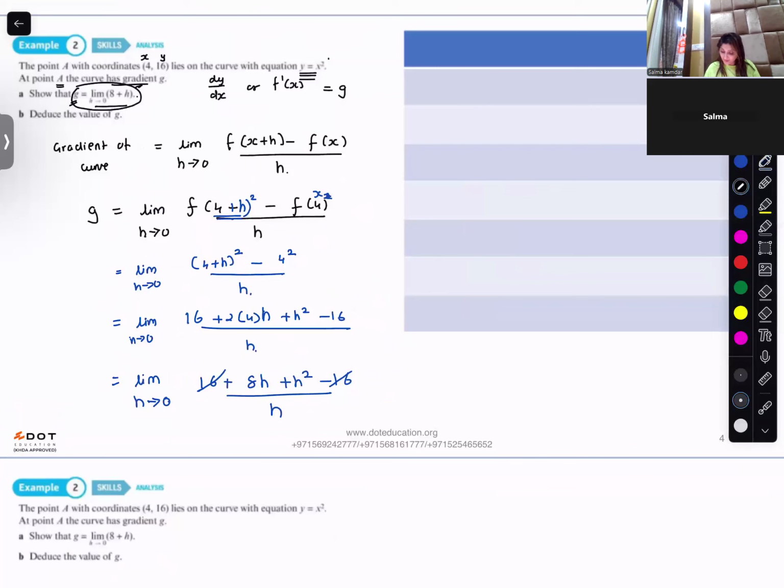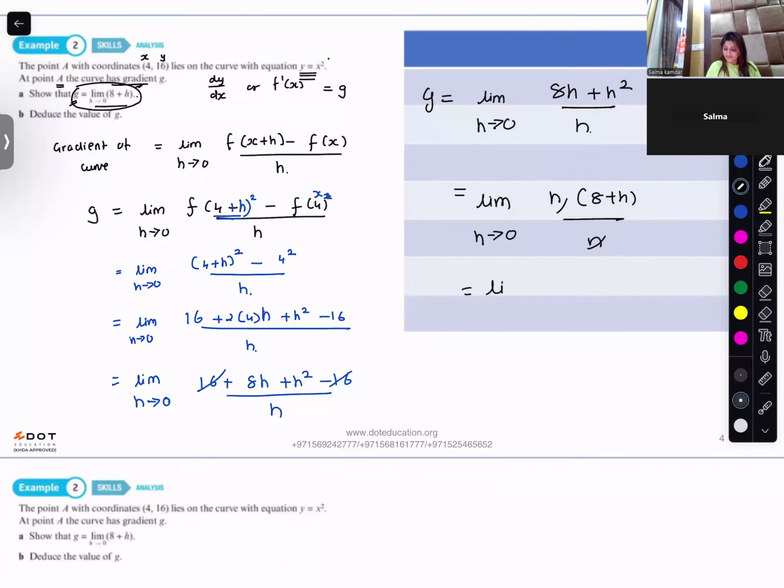So what I am left with, g is equal to the limit as h tends to 0 of 8h plus h square the whole over h. I'll take h as common. So it is 8 plus h over h. So it's the limit as h tends to 0 of 8 plus h.